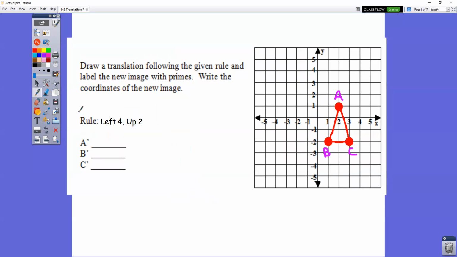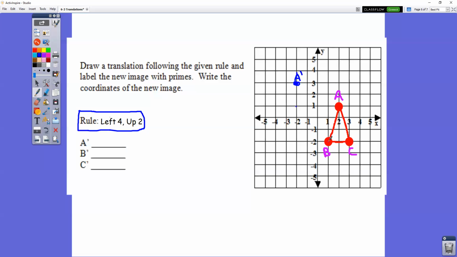So this one, the rule says left 4, up 2. So starting with A, I'm going to go 1, 2, 3, 4 to the left, and now I'm going to go up 1, 2. This is my new A prime.